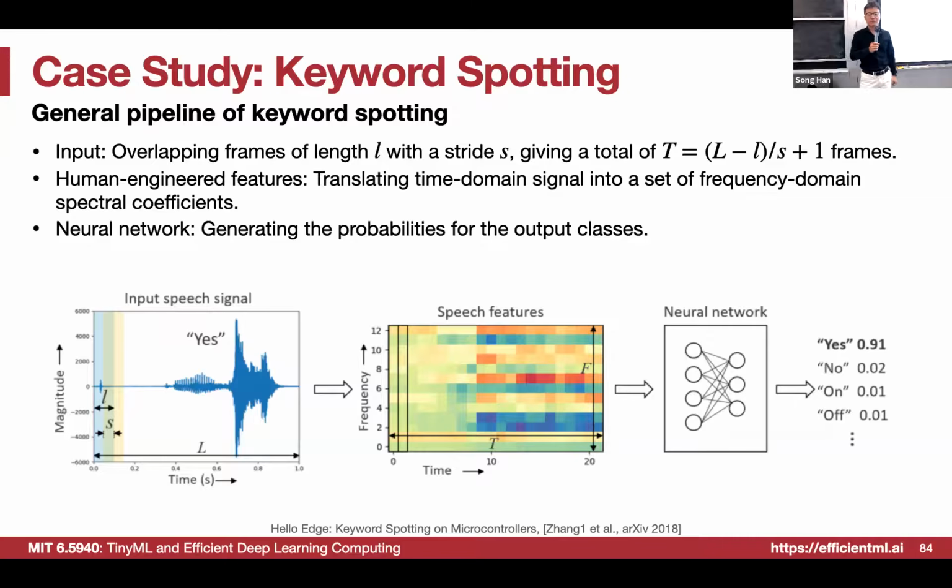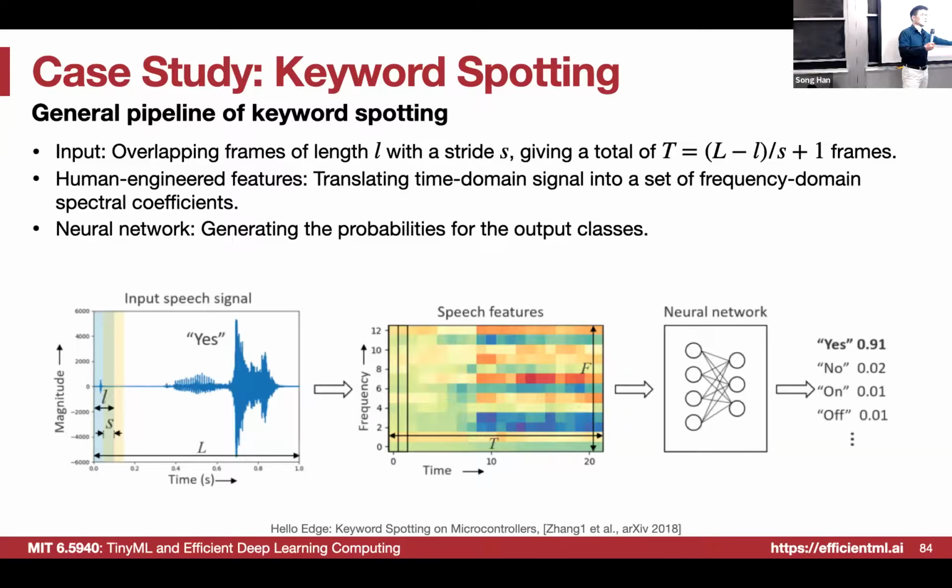So how do we deal with those audio data? The audio data input is overlapping frames of length L with stride S, so hopefully there are this many frames in total. We can use either human-engineered features or neural networks to extract those features. And all together, we put them in this frequency spectrum map, which is similar to an image.